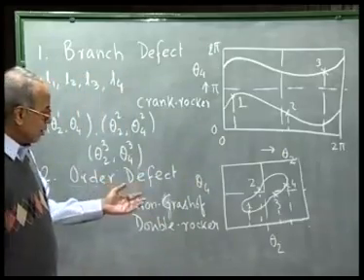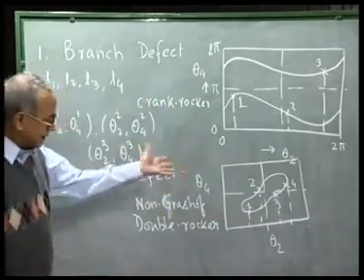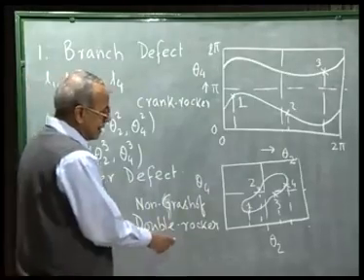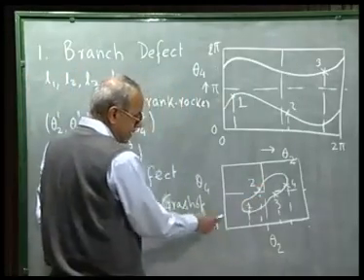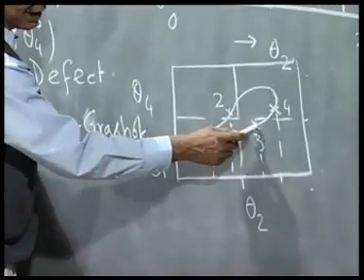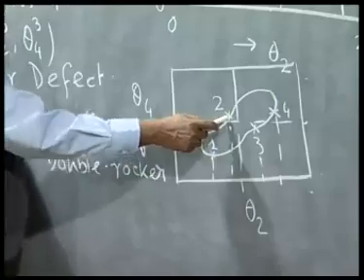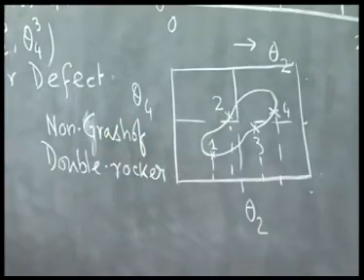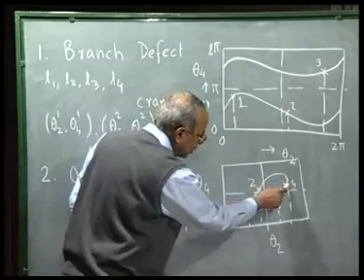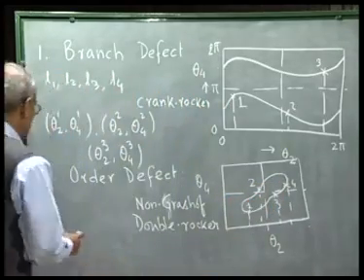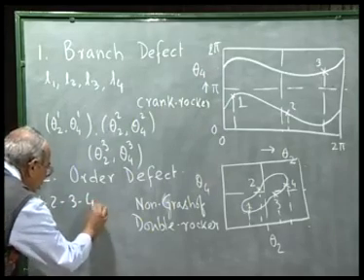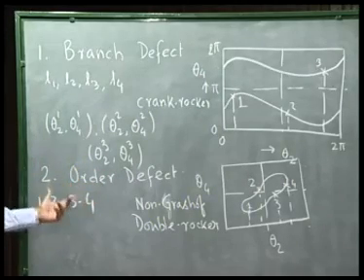But as we see, we will get some link lengths which will satisfy all these 4 configurations, but if we drive the linkage, then there is an order defect. It does not go from position 1 to 2, it goes from position 1 to 3, then 3 to 4, then comes to 2. If we drive the mechanism the other way, then it will go from 1 to 2, then 2 to 4, then 4 to 3. So, these 4 positions 1, 2, 3, 4 are not taken up in the same order as desired.